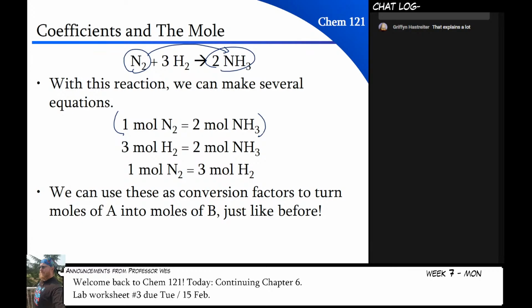Your job for a problem is going to be to identify which pairing you need to solve it. And then once you have that pairing, you're going to use it in your chemical calculation. I almost said stoichiometry and realized you guys don't know what that word means. This process is called stoichiometry.